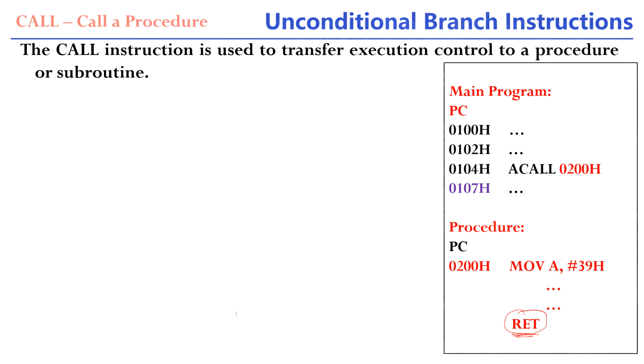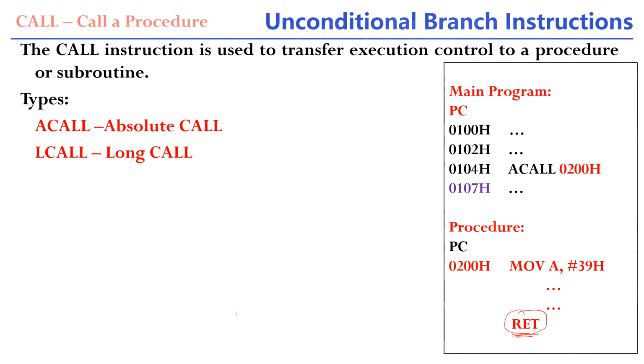Then, types of calls: ACALL and LCALL. The operation of ACALL and LCALL is similar, except ACALL uses an 11-bit address, similar to AJMP, while LCALL uses a 16-bit address. The remaining operation is similar. So let us see the operation.